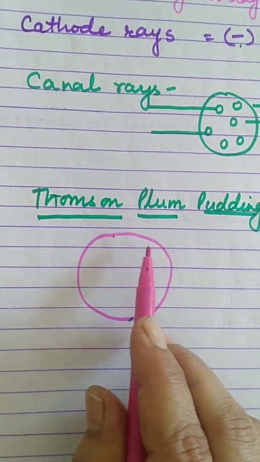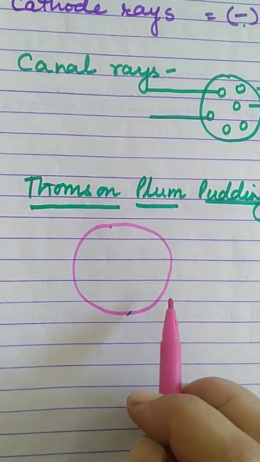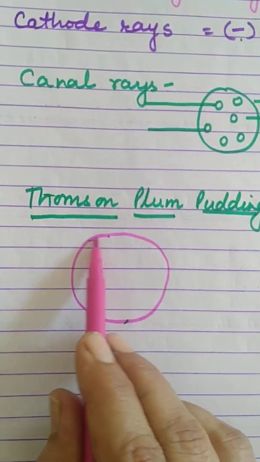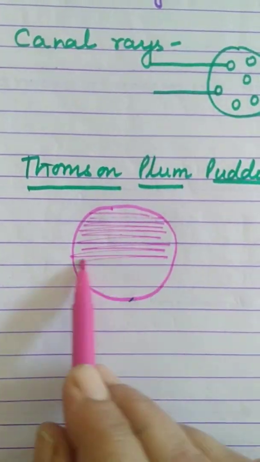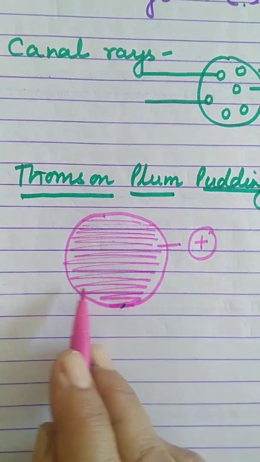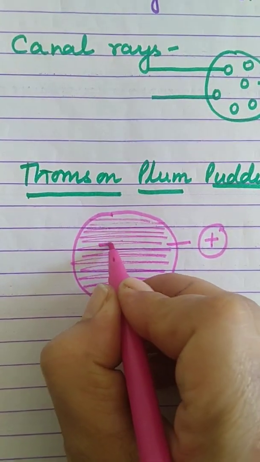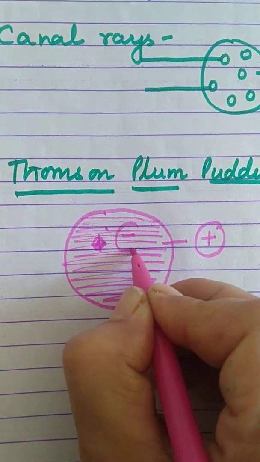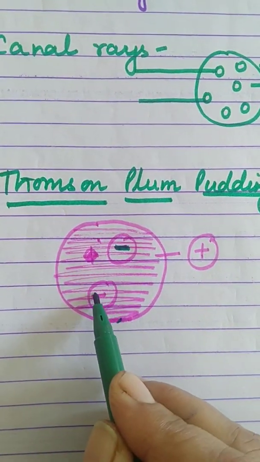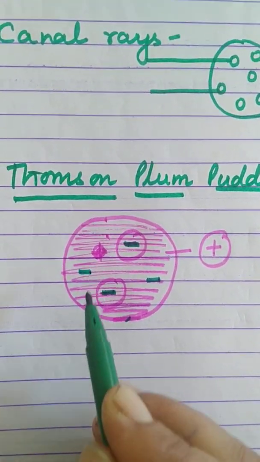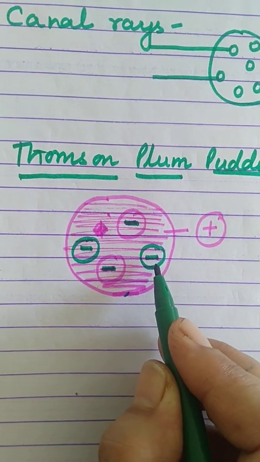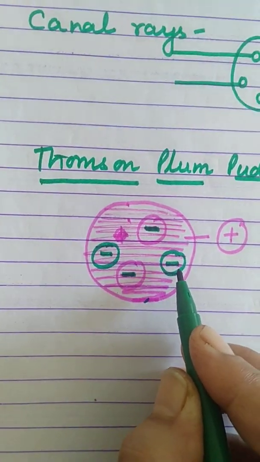This is the structure of an atom according to Thomson. This atomic model represents a pudding, where the whole sphere, the whole area, was positively charged, and in between, negative charge particles were embedded like dry fruits or currants in a pudding.